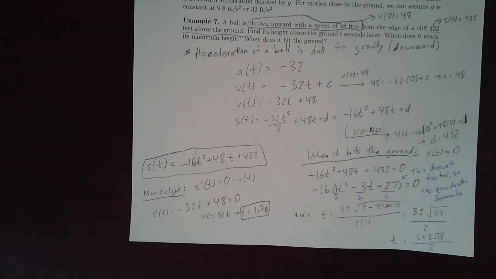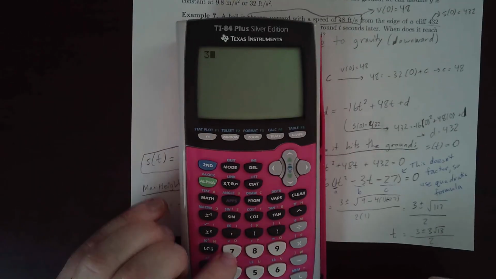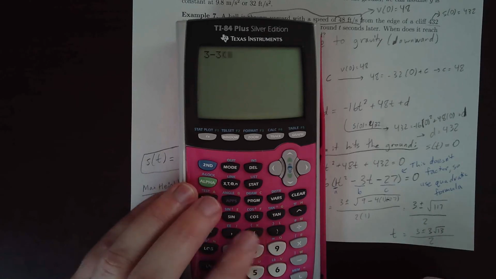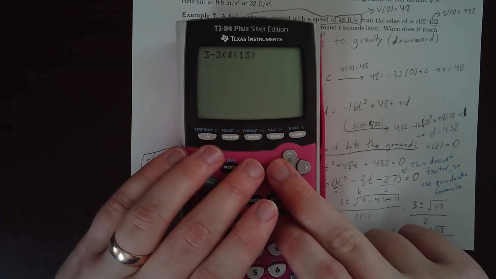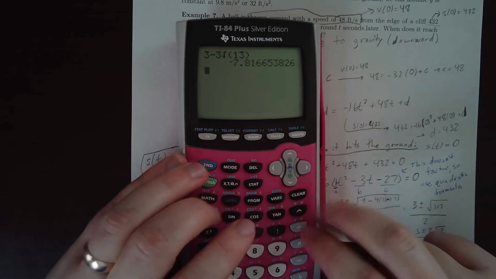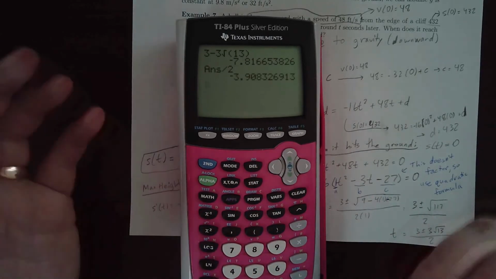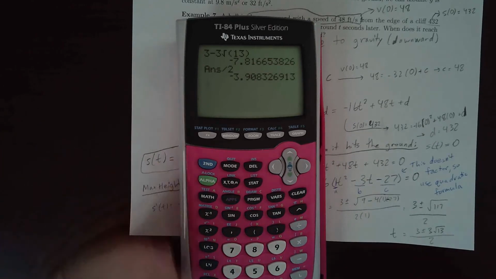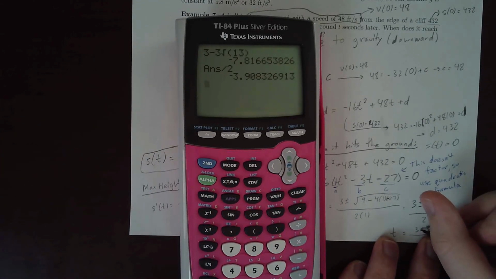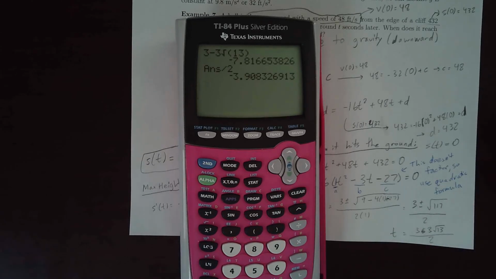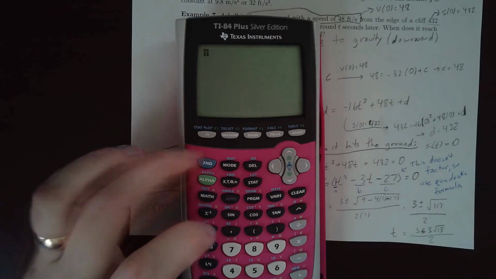Now, something to point out is that if we take 3 minus 3 times the square root of 13 divided by 2, that'll be a negative number. So we don't want to consider the negative option here, and we'll only want to consider the positive option, because the negative option is before we throw, and that doesn't make a lot of sense for our problem.